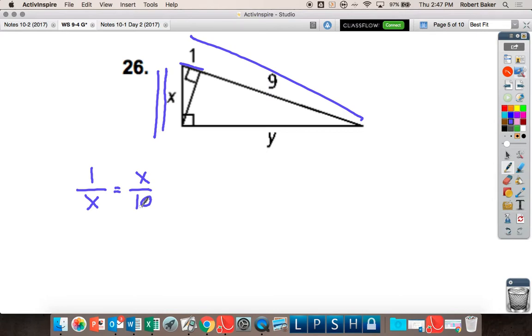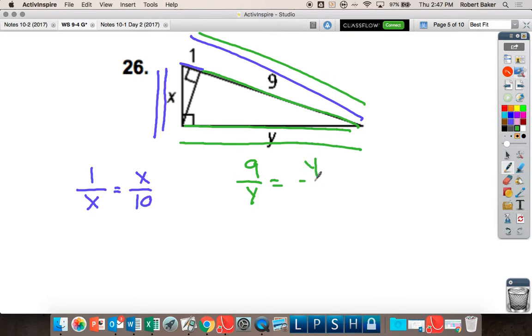Okay, so while we're in the brain train, let's do the Y proportion. Always start on the hypotenuse. 9 over Y is equal to Y over the whole thing. Look how fast that is. It's super fast. Can you still redraw your triangles?